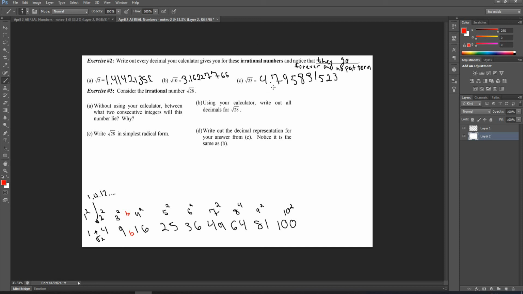And our answer, 4.79, is between 4 and 5. It's actually getting closer to 5, since 23 is closer to 25 than it is to 16. So here was C.